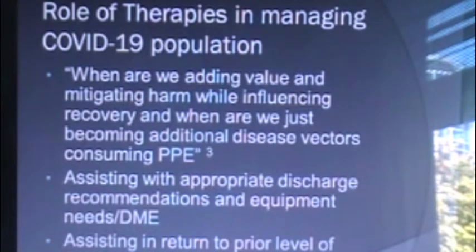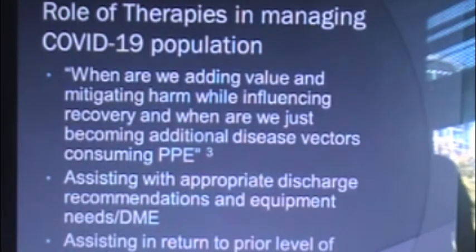Likewise, in acute care, we're also assisting in returning to prior level of function. With the COVID-19 population specifically, we are considering cognitive deficits, delirium, neurologic sequelae, generalized deconditioning, and decreased functional endurance in their plan of care.